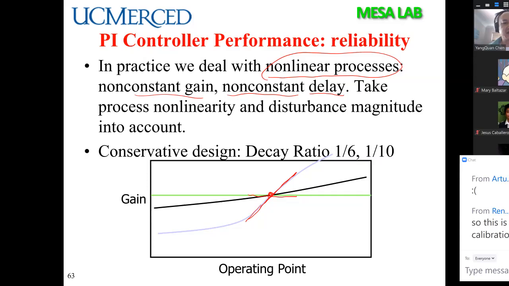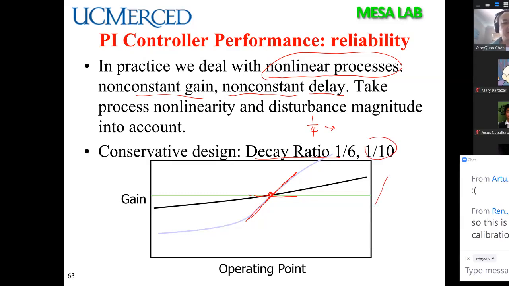So the idea to have better reliability, to account for these imperfect factors, is to make the decay ratio not 1 over 4, but 1 over 10, okay?